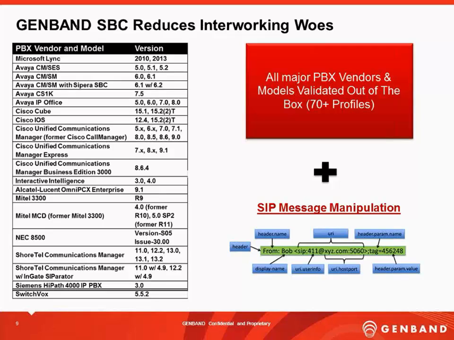So one thing or another you have to adjust to make that SIP trunk work, and it was a cost and time challenge, both for enterprises and service providers, in terms of getting an enterprise on board or having an enterprise deploy SIP trunking services as fast as they want. So they spend weeks and weeks of cycles making sure the SIP trunk service works with the PBX they have, going through all the testing that needs to be done. And the moment you change a version, you have to do it all over again.